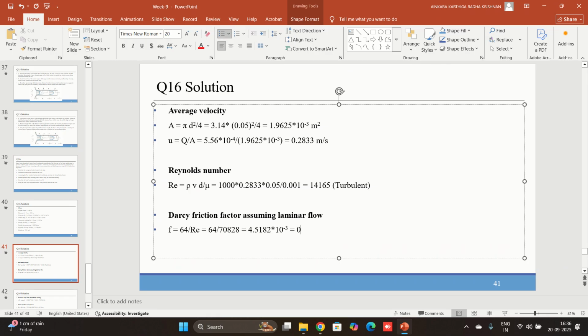Or else we can write 0.0045. This is our Darcy friction factor assuming laminar flow under imaginary condition, not even ideal.